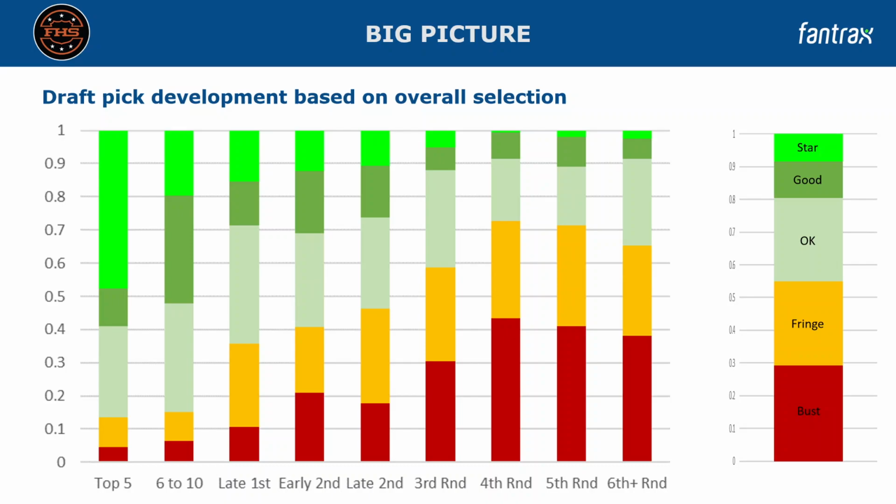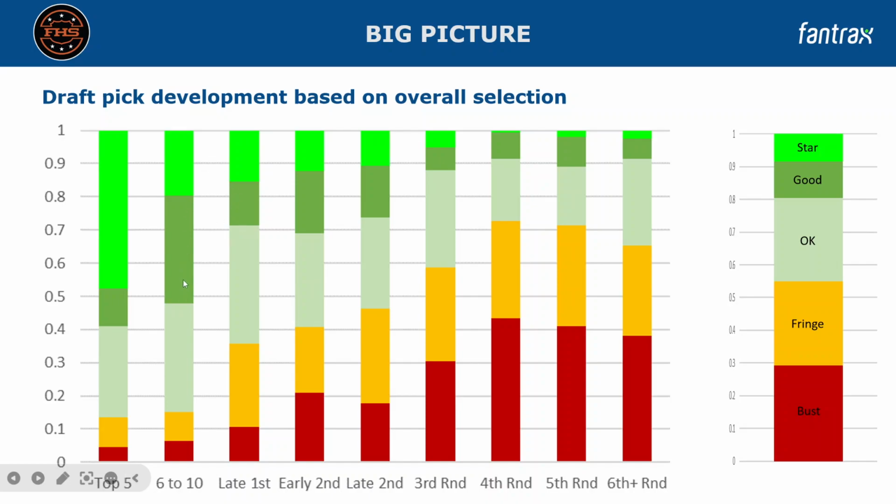So the biggest thing we can notice here is how quickly the star level drops. Nearly half of the top five selections have become star players, which is naturally expected. And another high drop is between the top 10 picks and the later first round selections.